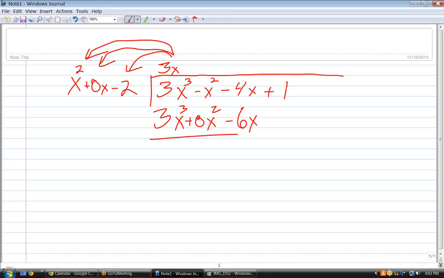With me? Yes. Now, just like in all long division, we're going to subtract at each step. Well, this is guaranteed to be 0 there. And now we have a minus x squared minus 0, so that just stays minus x squared. And what's minus 4x minus a minus 6x?